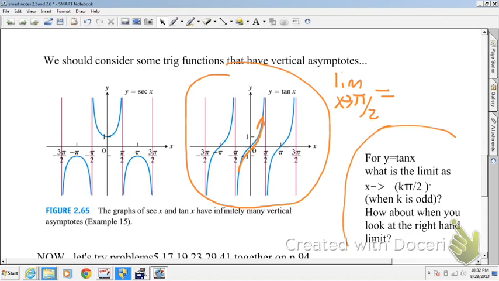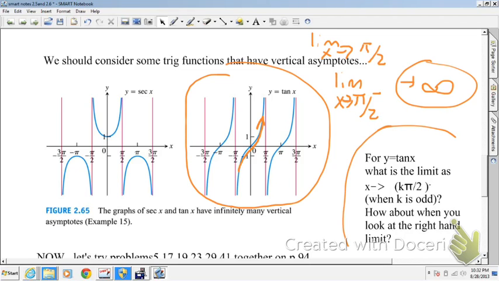The limit as x approaches pi halves from the left of f of x is equal to what? Positive infinity. I meant to write from the left for the first one. So as I'm coming in towards pi halves from the left, the limit's positive infinity.